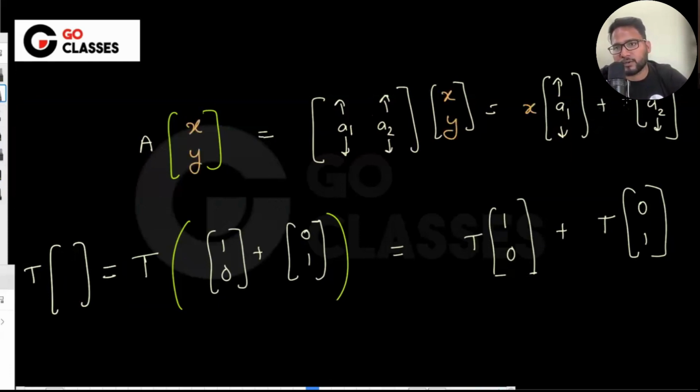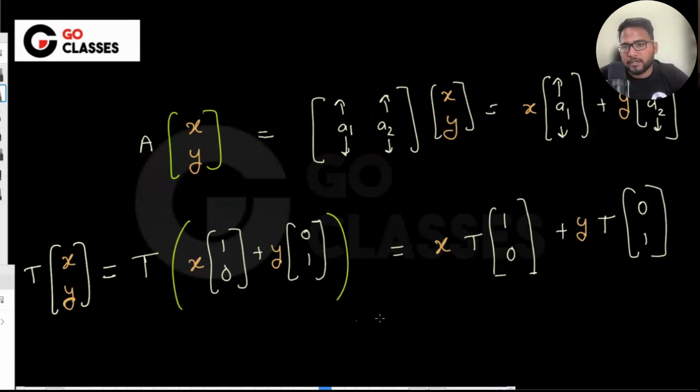This is x, this is y. In general, if you have any transformation, you write like this. Before taking the transformation, you just decompose in terms of the basis vectors, right? And then you just compare these two. You will get your A1 and A2.